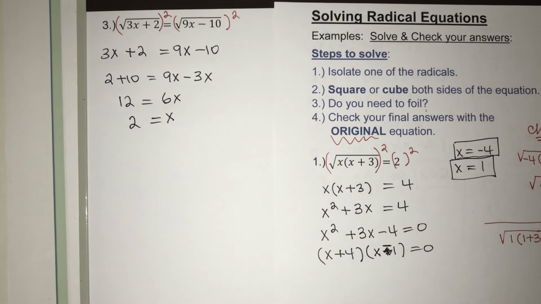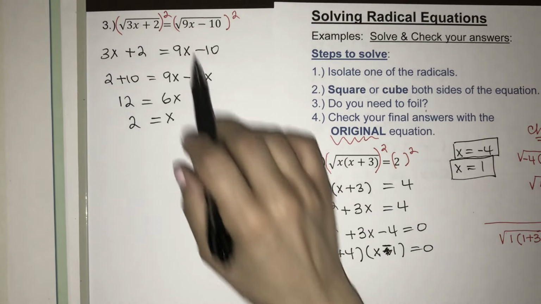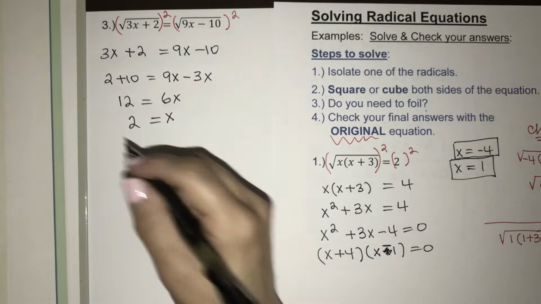I get that x is equal to 2. So from here, we want to check our answer. Again, you're going to take your answer and plug it into the original equation without the squared part.